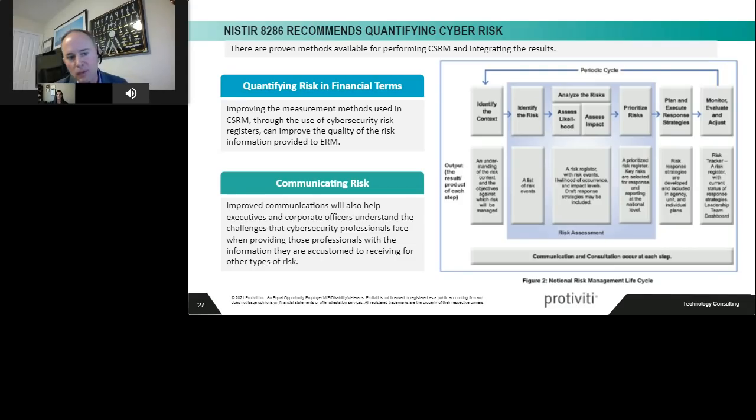And yet at the same time, we're presenting it in the language that they're used to receiving, which is dollars and cents, right? They're used to seeing income statements, balance sheets, financial statements, and things like that. And if we're speaking in their language and connecting the underlying risk to the business risk, it's going to resonate a whole lot better than the way we traditionally do it today.